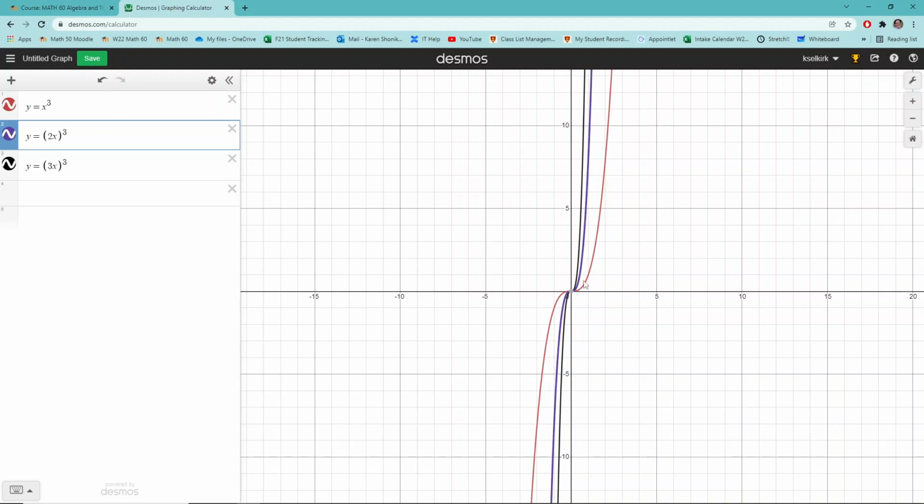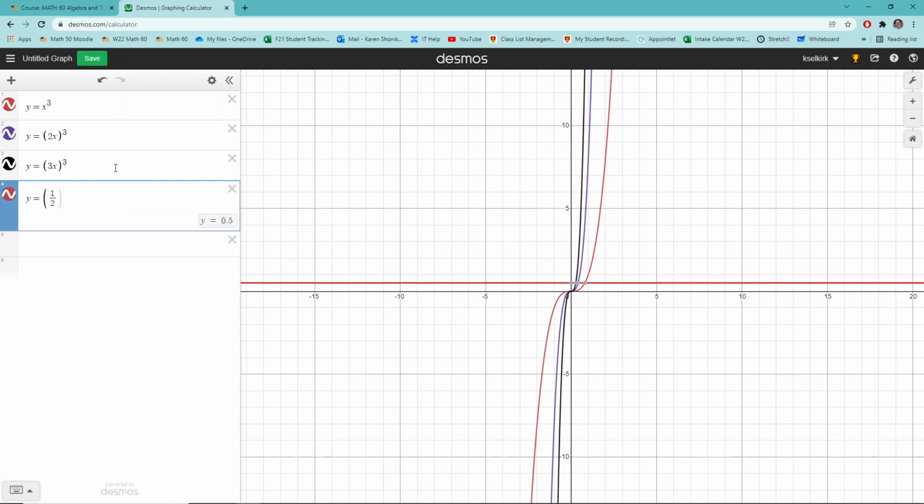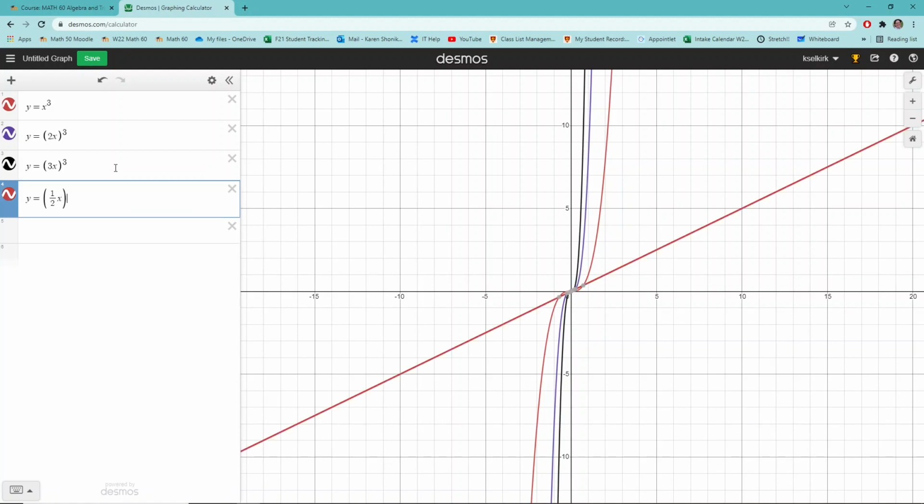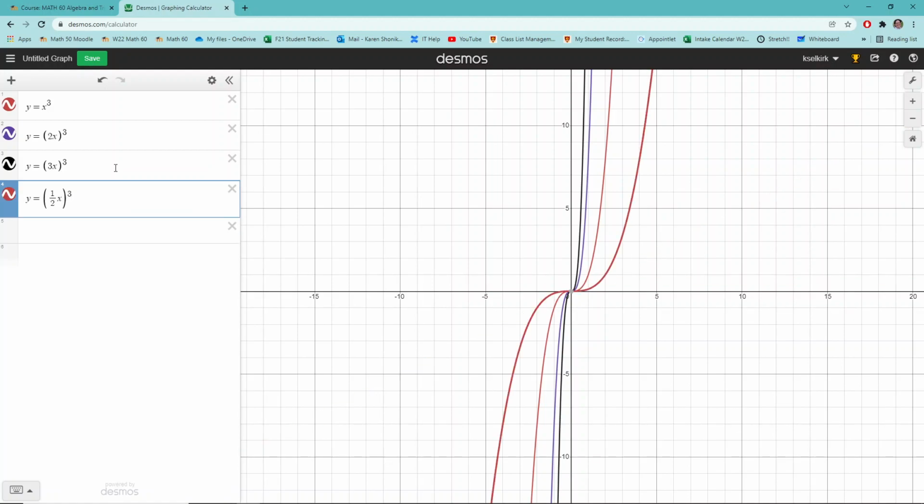So let's see what happens if I change this to y is equal to a half. So what if I put a half x all cubed? So now, instead of dividing by 2, I have to multiply my x values by 2. So to get that same y value of 1, I have to put in an x value of 2, because 2 divided by 2 is 1, 1 cubed is 1.